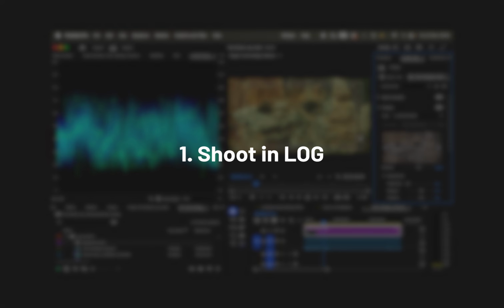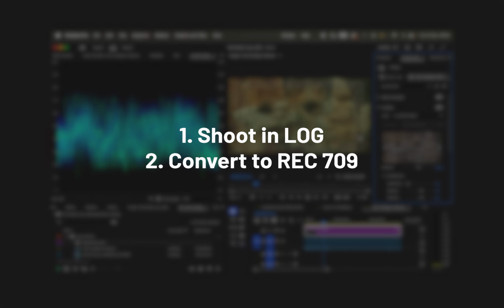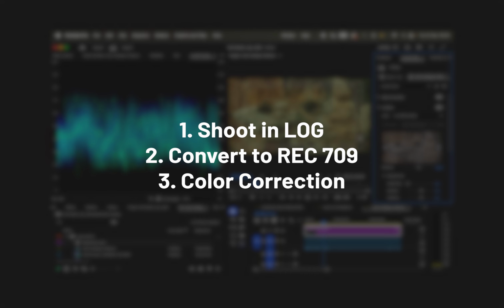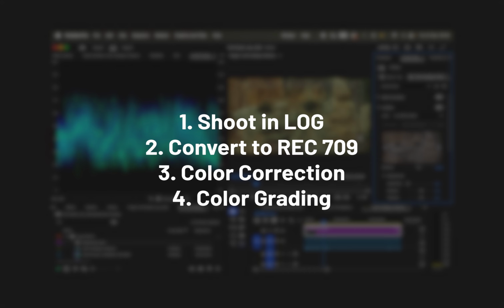You convert that log footage to Rec 709, and then you correct the image so that it's accurate, and finally you color grade by either just applying a LUT like I did, or if you are very confident and more advanced, you can actually manually color grade your footage. And with some programs, you can actually create your own LUTs for color grading.